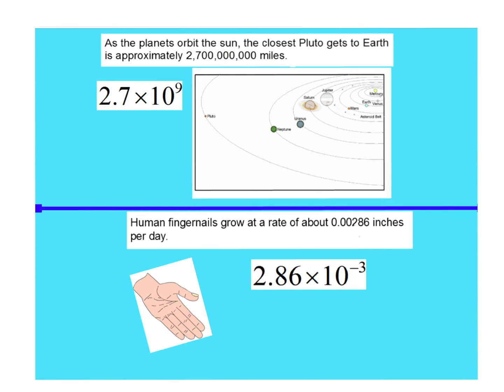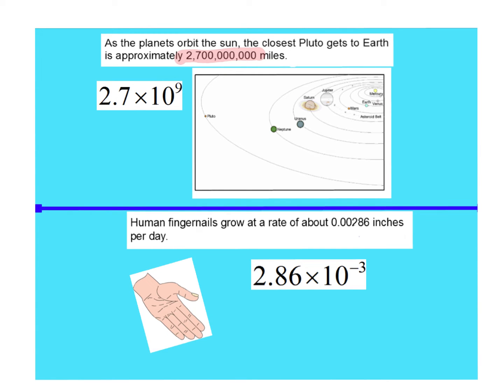So when we talk about certain things, we use really big numbers. For example, as the planets orbit the sun, the closest Pluto gets to Earth is approximately 2,700,000,000 miles. That's a really big number.